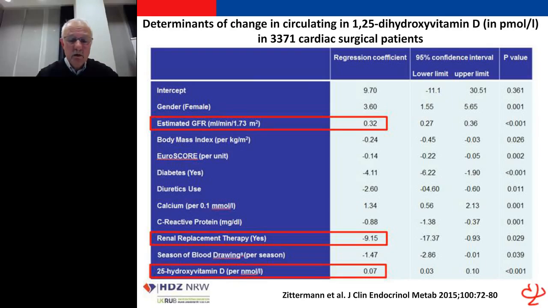But in this slide, you can also see that, for example, diabetes or diuretics or the CRP level are significantly inversely related to circulating 1,25 dihydroxyvitamin D levels.